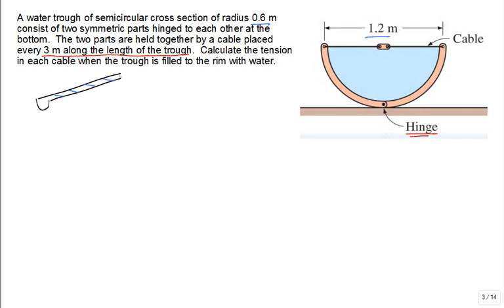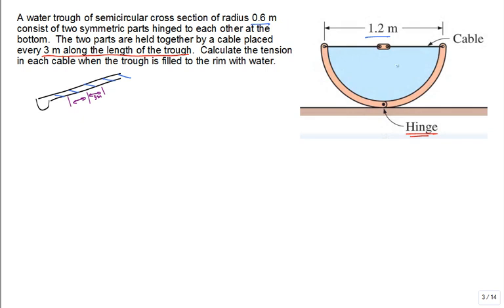The distance between here and here is 3 meters, like the distance between there and there is 3 meters. So the cable has to support a 3-meter length of the trough, holding the tops together. Calculate the tension in each of those cables when the trough is filled with water.